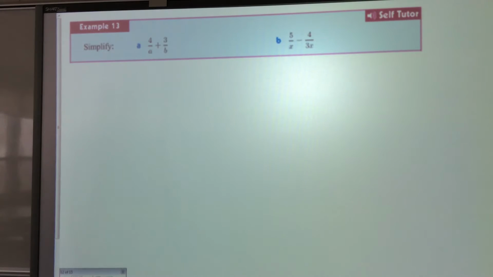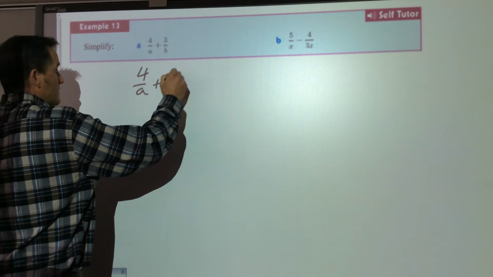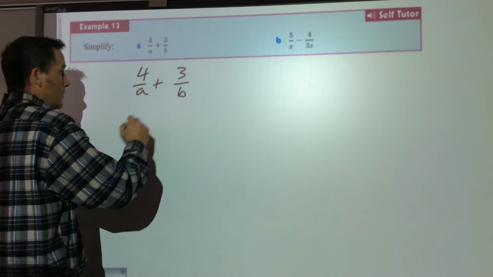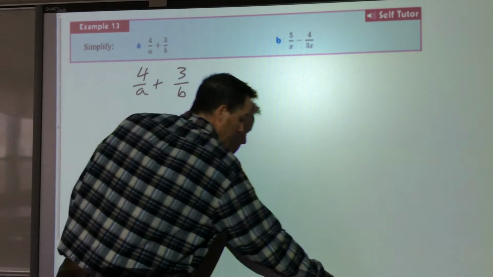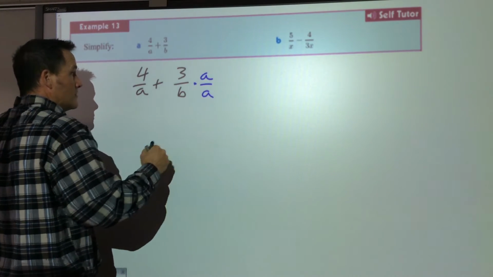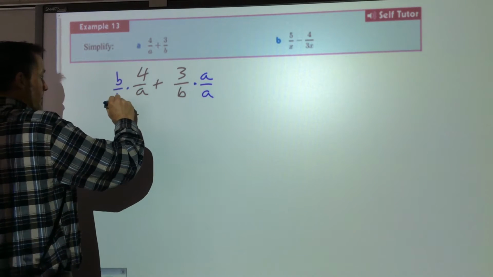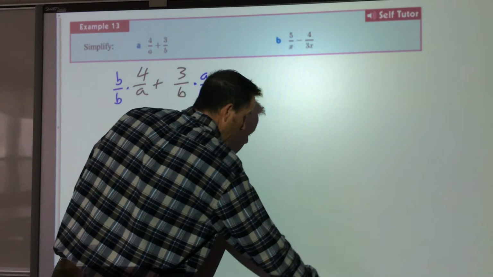Next level, step it up. The variables are on the bottom. So I have 4 over a plus 3 over b. So I need to multiply this one by a over a. So now my common denominator is going to be ab. Multiply that.